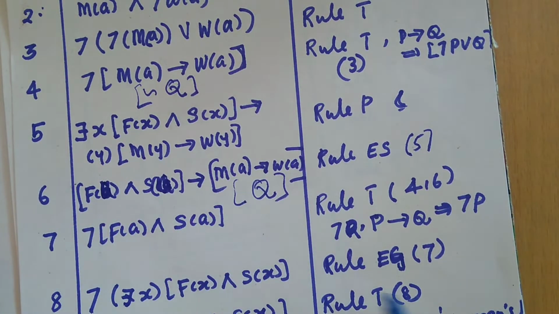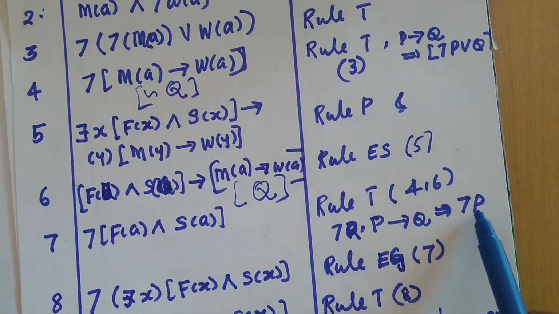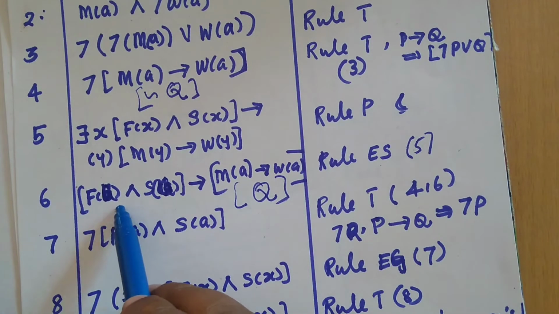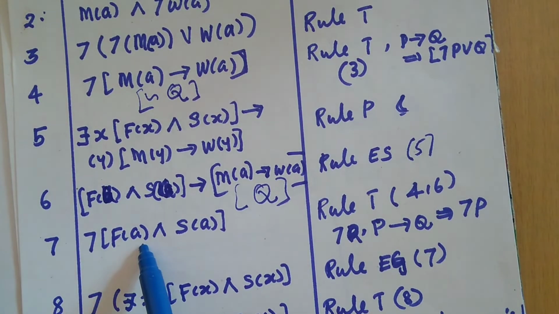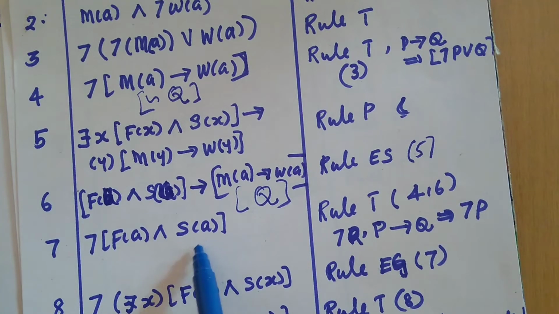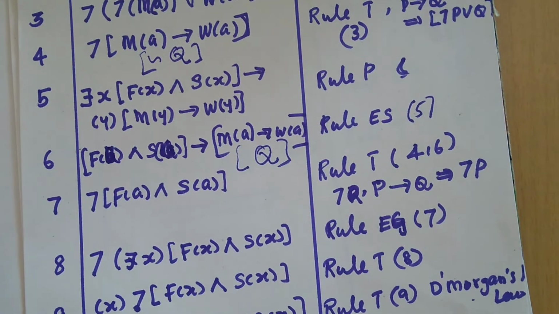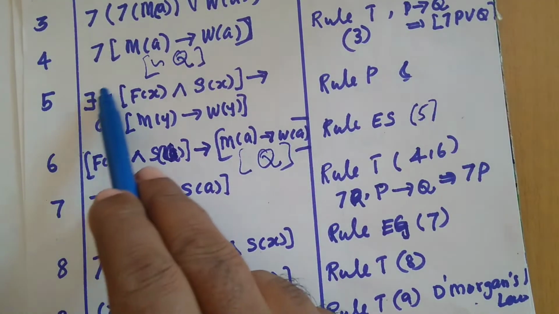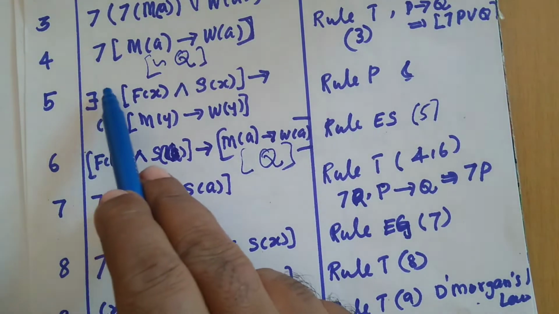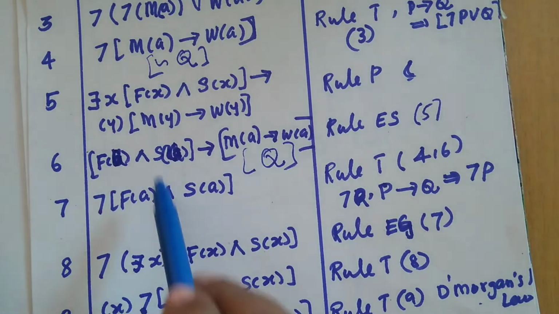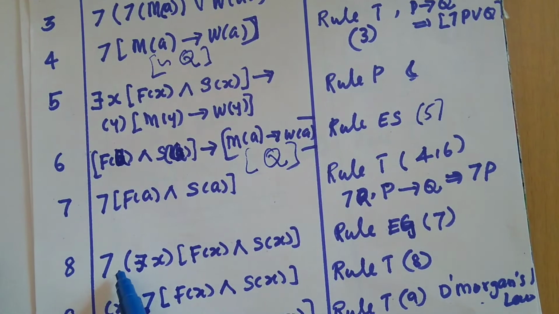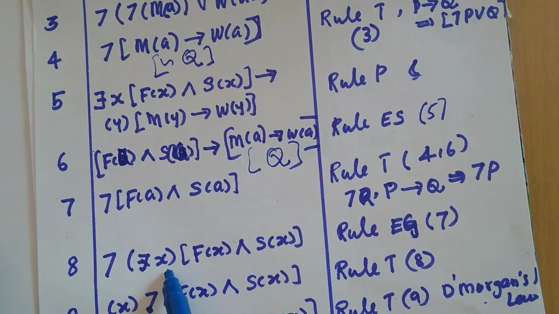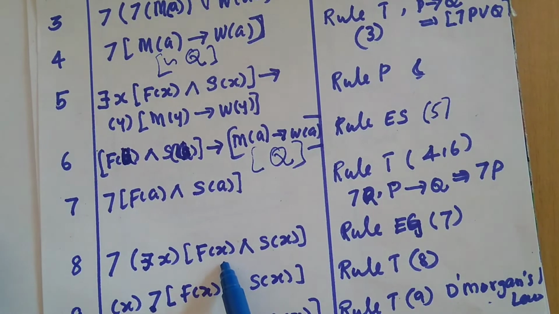So that is equal to formula negation P. So this is equal to P. So that is negation of f of x and s of x. This term we got from there exist only. Therefore we can write once again negation of there exist x, f of x and s of x.